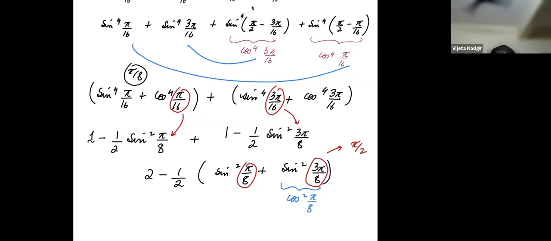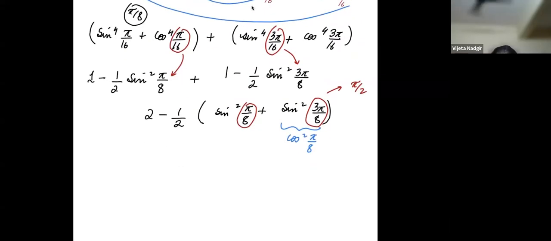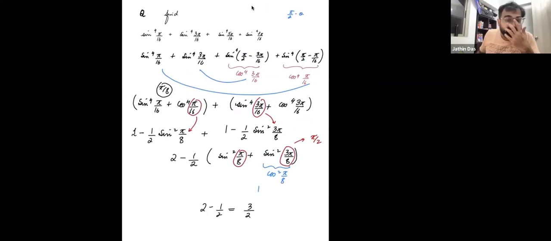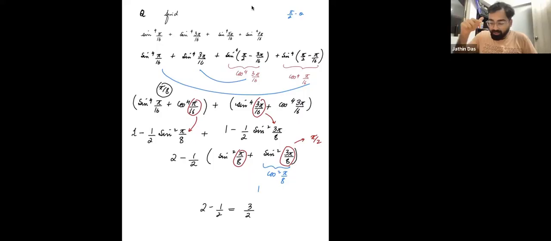So what is sin square pi by 8 plus cos square pi by 8? 1. So 2 minus half. I'm slowly increasing the level up. Just by looking you can understand that this is complementary. I hope it's clear. Okay. Done. Written down.